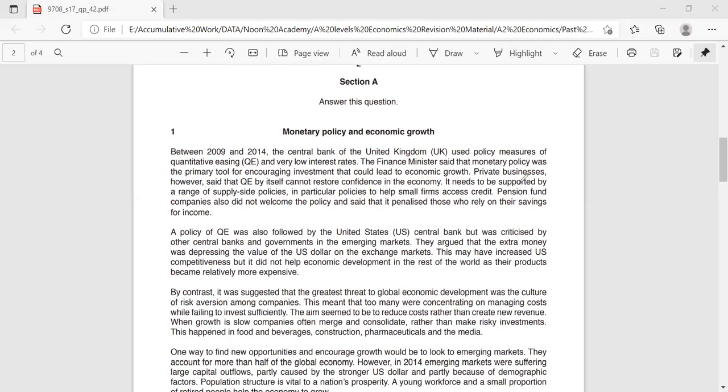Private businesses have a different approach. They're saying that quantitative easing is not enough, whereas the government is thinking that quantitative easing is a good policy. It needs to be supported by a range of supply side policies. Now, do you remember what supply side policies are?